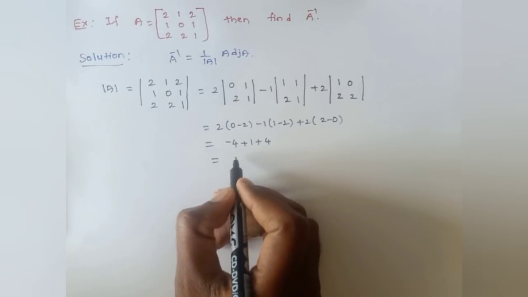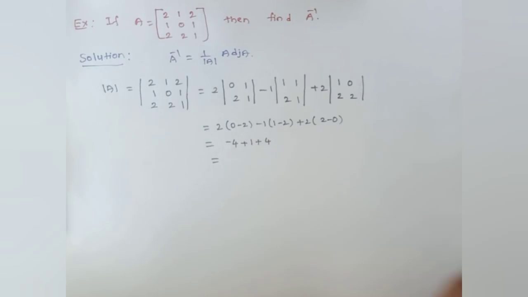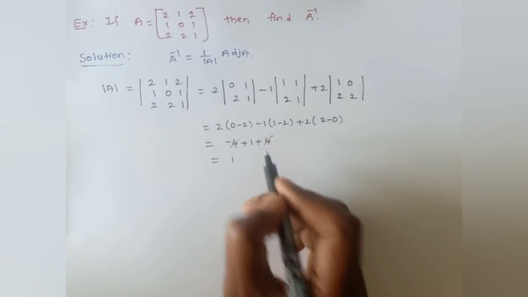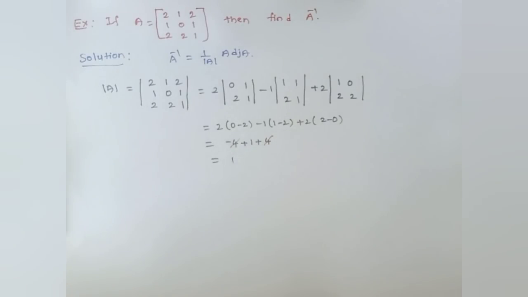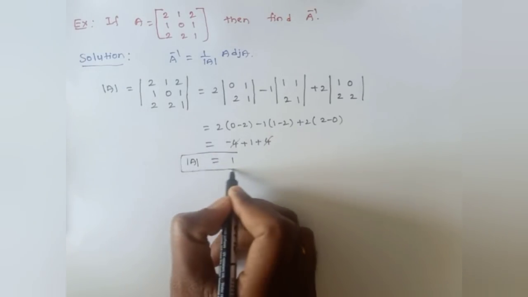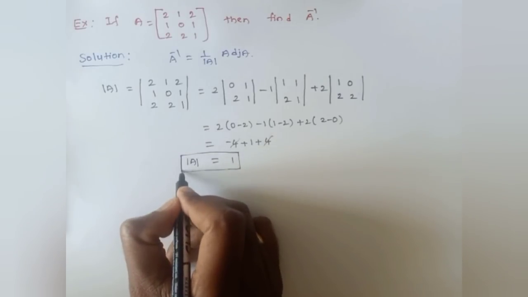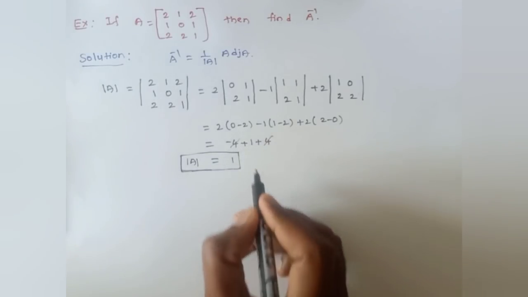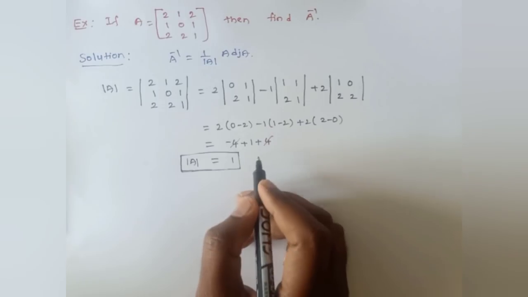Finally, minus 4 plus 4 gets cancelled and it will be 1. So the determinant of A is equal to 1, which means it is not equal to 0. It is a non-zero term, which means it is a non-singular matrix.